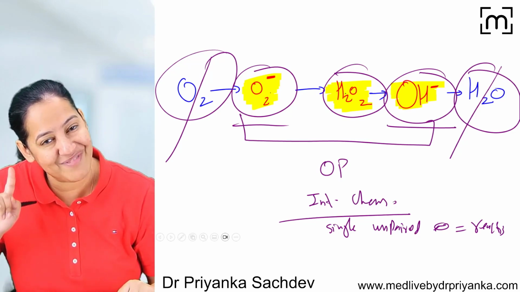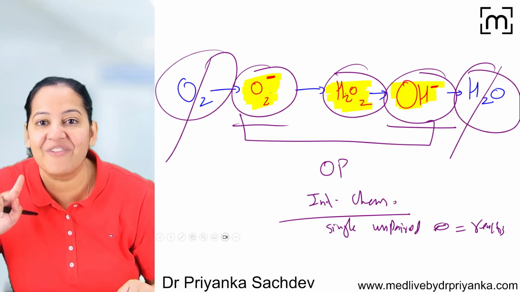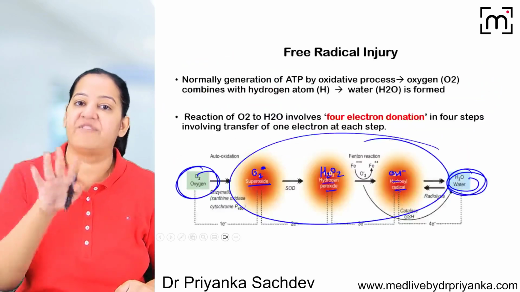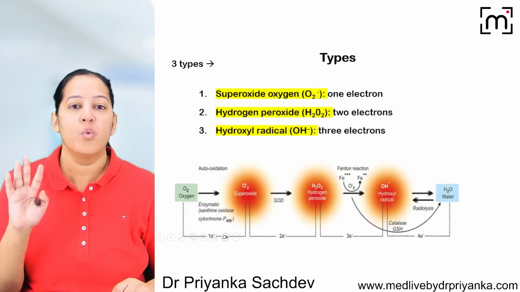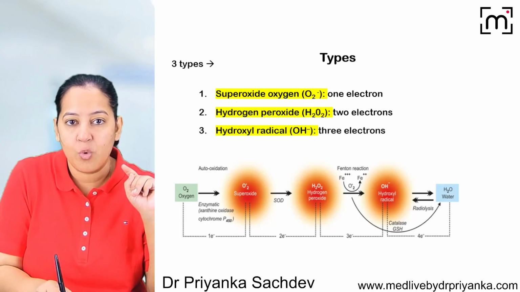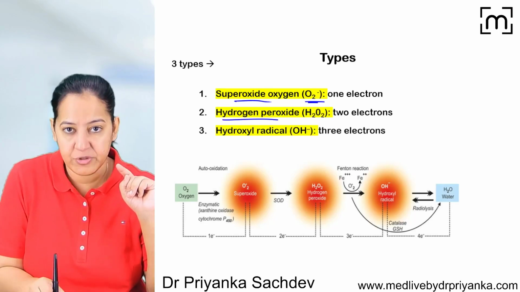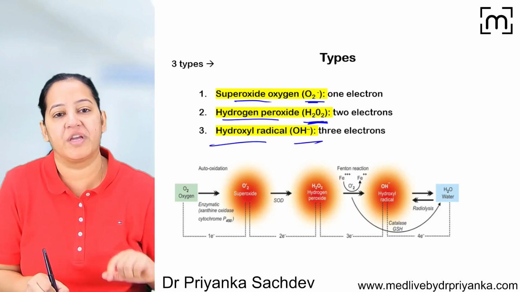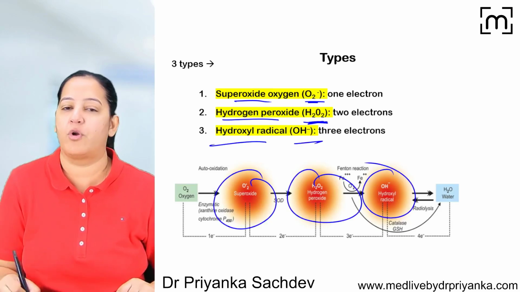They all have a single unpaired electron in their outermost orbit. That's why they are very reactive. They damage the cell. This is the definition, and this is how they get generated. What are the types? I told you there are three types. Superoxide is O2 negative. Hydrogen peroxide is H2O2. And hydroxyl ion is OH negative. You can see this followed by this, followed by this.